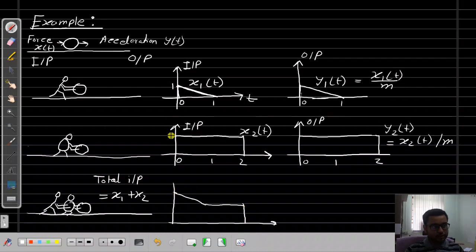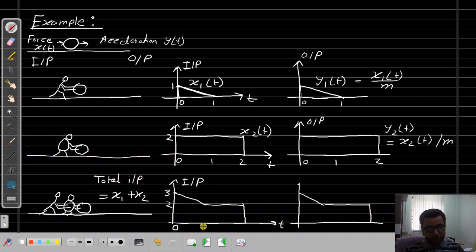If it is 1, if it is 2, then it will be 3 here. So this is how the input looks like as a function of time, and the output will also look similar. Here it is t equal to 0, t equal to 1, t equal to 2. Here again t equal to 0, 1 and 2.